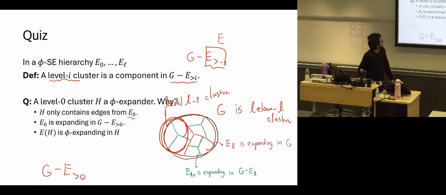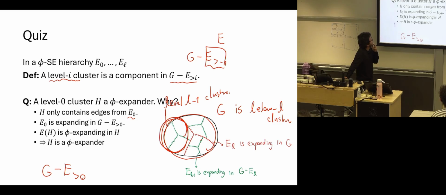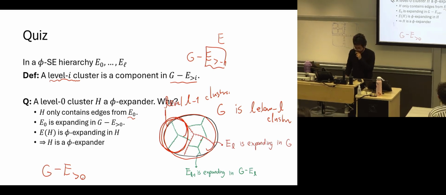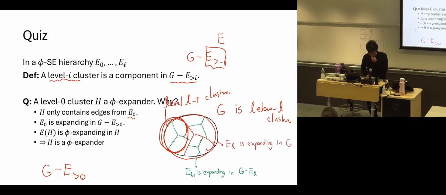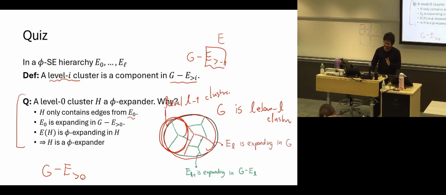It just means that E of H is phi expanding in H, which means that H is a phi expander. Maybe just try to convince yourself of this.